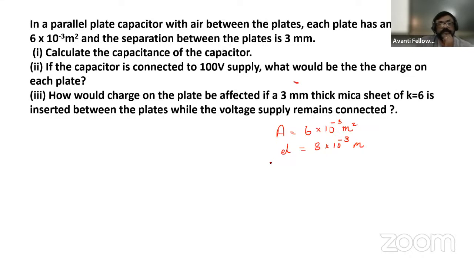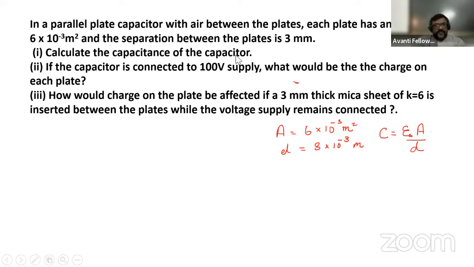So A and D are given, and you are asked to find the capacitance. So C will be equal to epsilon 0 A by D. The first part is direct substitution, and I'm not going to solve this because it is a mere substitution of A, D, and epsilon 0. So you will be able to find the capacitance.